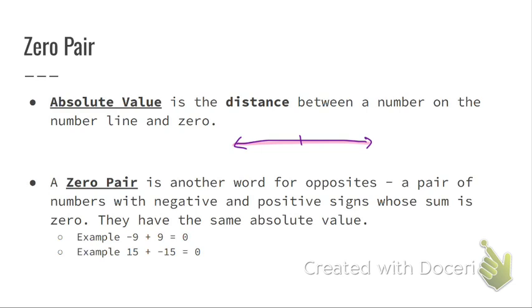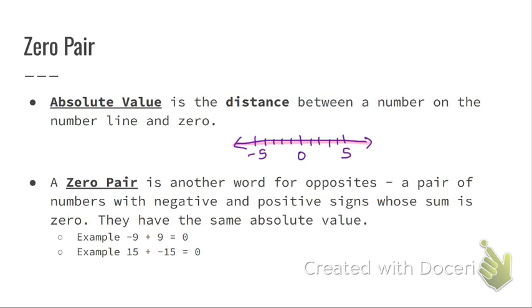So here is 0. If this is 5 and this is -5, for example, both of those numbers, 1, 2, 3, 4, 5, both are 5 spaces away from 0.